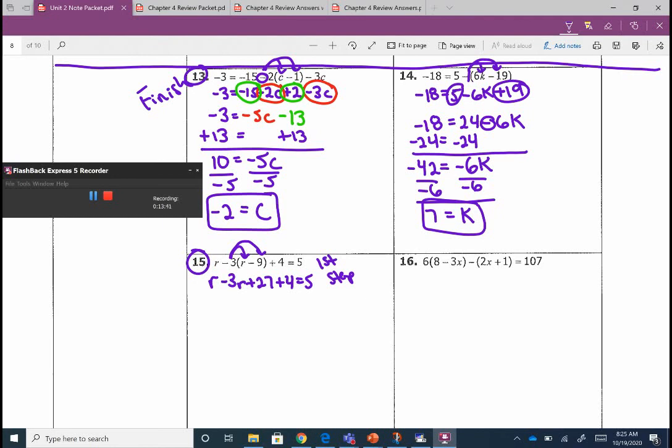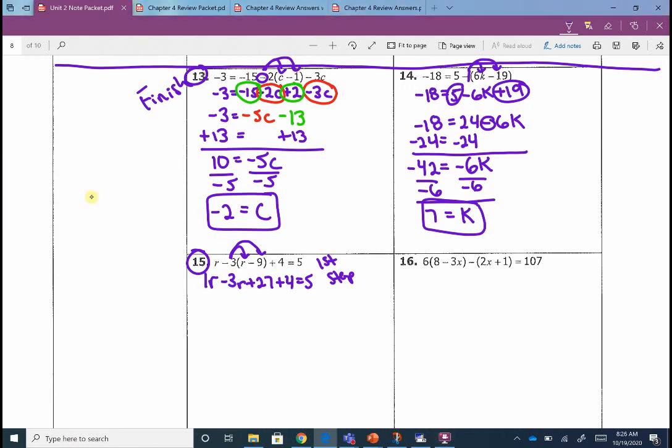All right, guys. A lot of you, as I walked around, are getting it. We've got to combine our like terms. Remember, there's really a 1 in front of that R. So we have a 1 minus 3, and then we have 27 and 4. Here's where we need to be careful, guys. We're talking about those signs a lot.